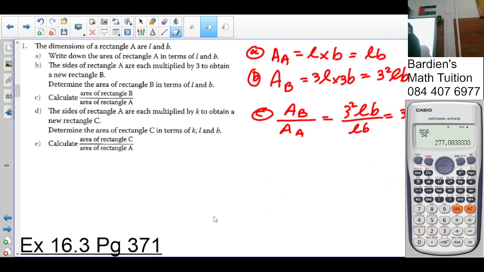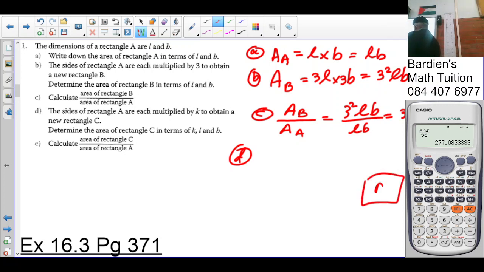Okay, let's look at D. The sides of rectangle A are each multiplied by K. So here we have again A, L and B, to form a rectangle C. If I multiply this by K, this will be KL and KB.